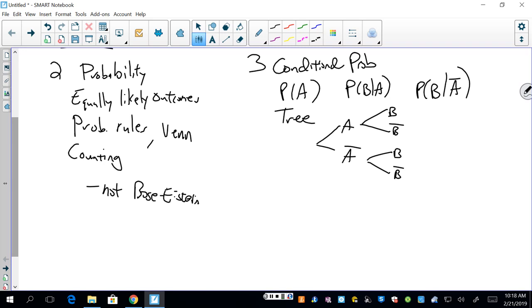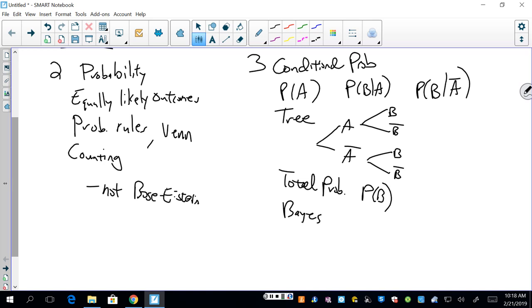We had some things we did with that. Total probability: say you wanted to calculate the probability of B. It's the probability of this one times that, plus the probability of this one times the probability of that one, and so on for other events and other trees.